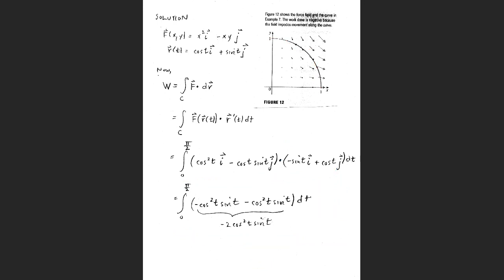So remember what this is here. This is the integral from 0 to pi over 2. I'll bring the negative 2 out front. I have a cosine squared of t, but that's like cosine of t squared times the sine of t dt. What substitution is going to work?